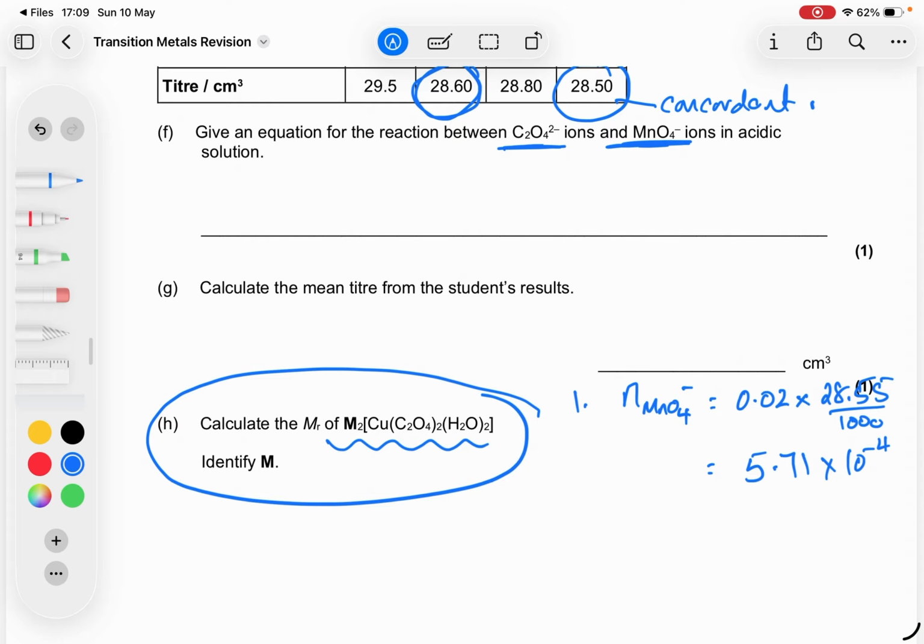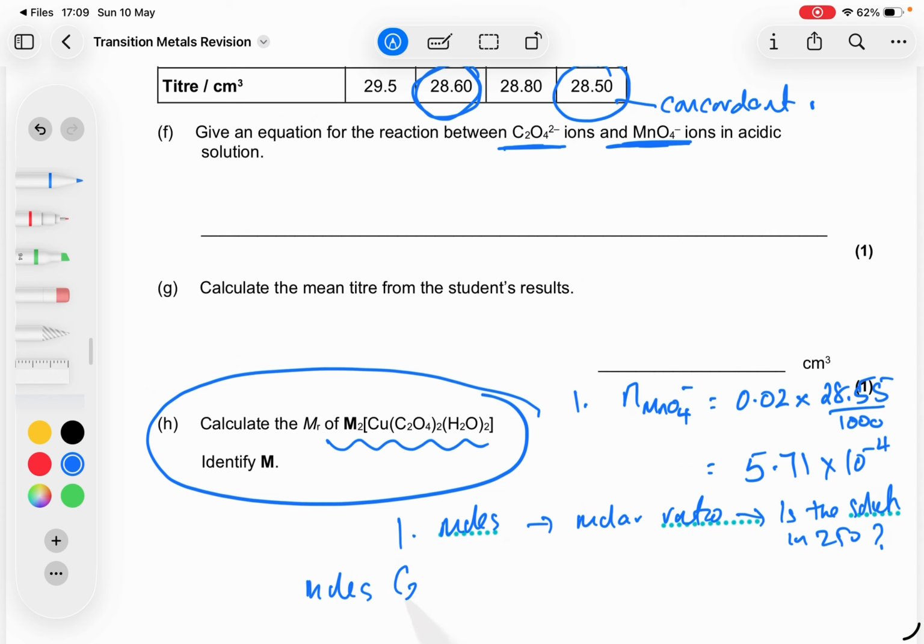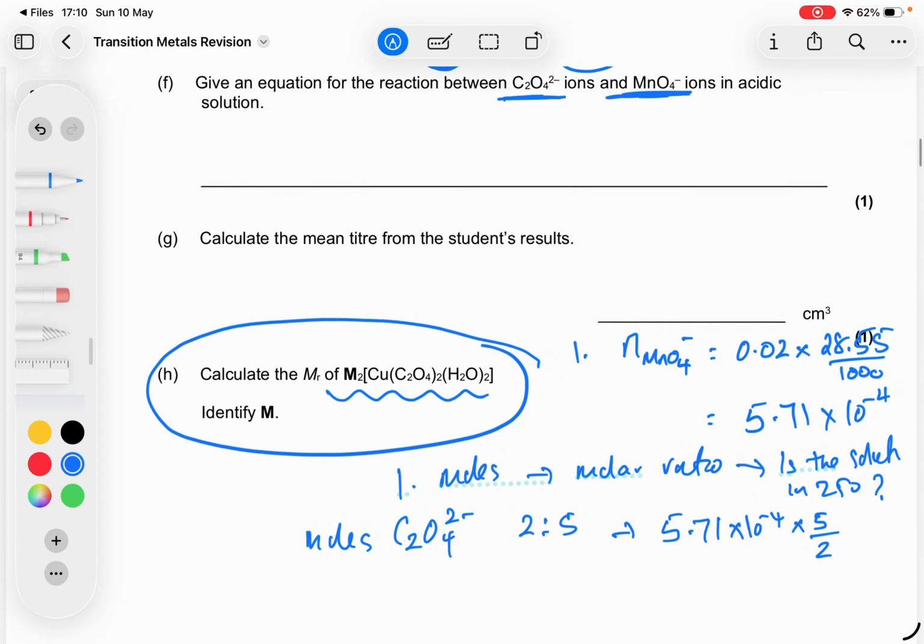The rule always: number one, moles, followed by molar ratio. Then the solution is in 250. So now the moles of C2O4 2-. Molar ratio is 2 to 5, which means 5.71 times 10 to the minus 4 times 5 over 2.